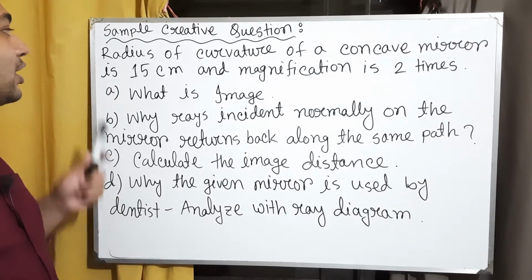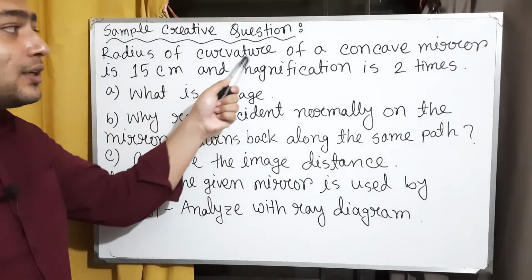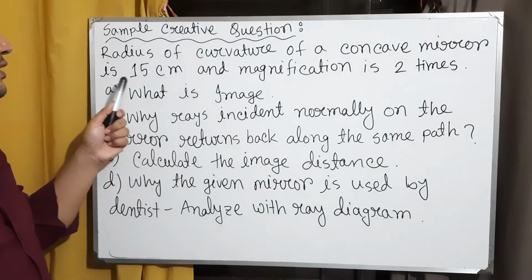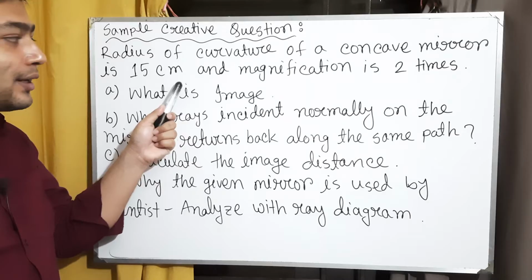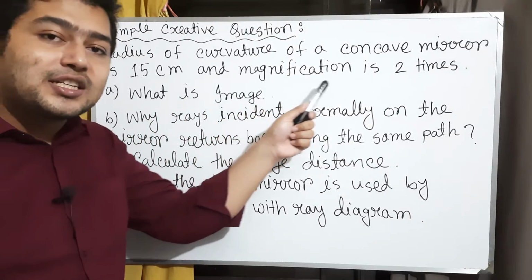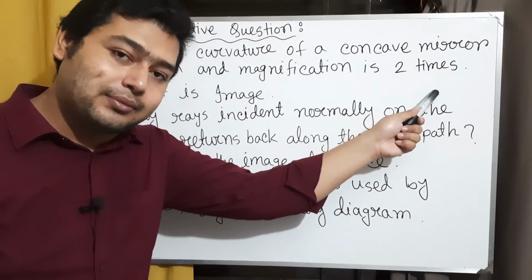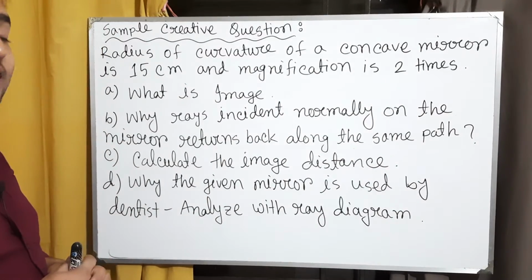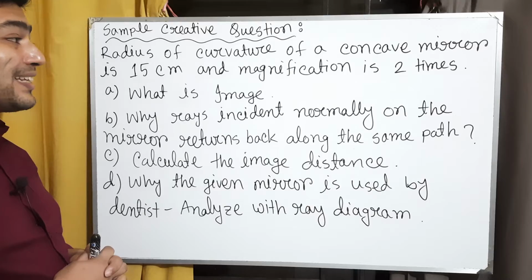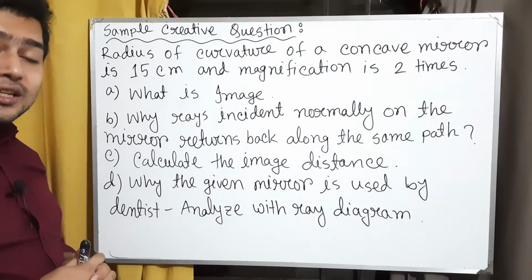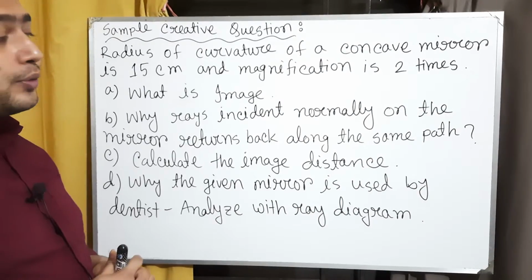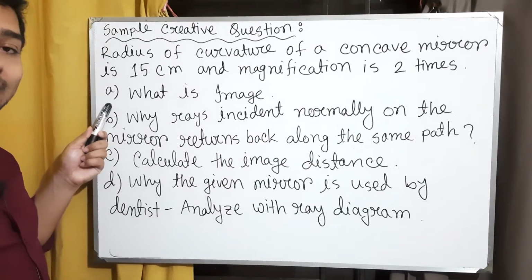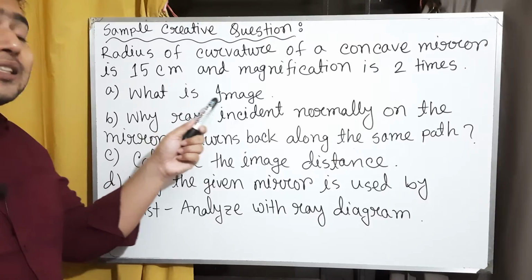The stem: the radius of curvature of a concave mirror is 15 centimeters and magnification is 2 times. So here we have given the radius of curvature r equal to 15 centimeter and magnification m equal to 2.